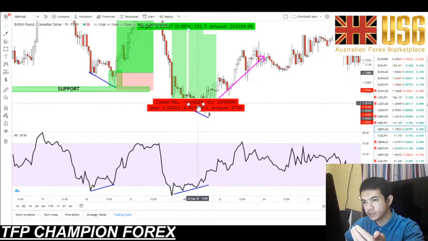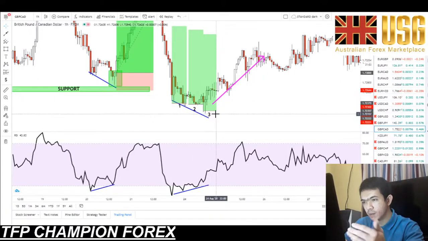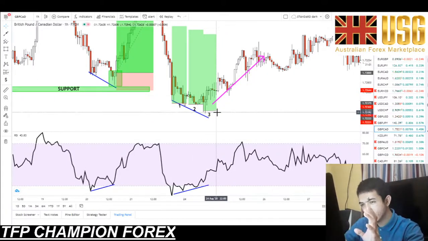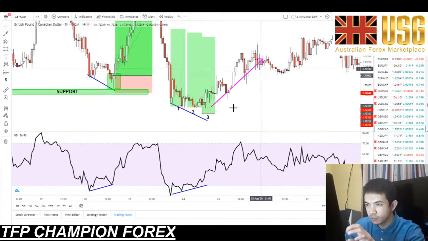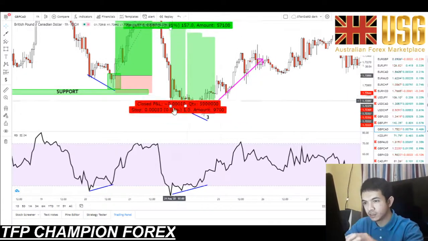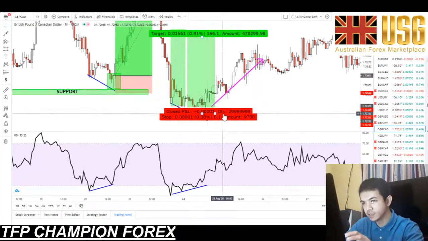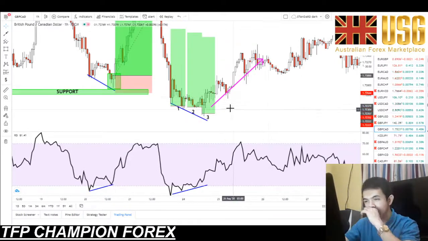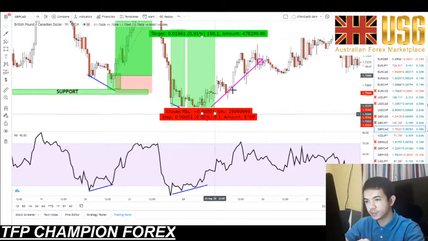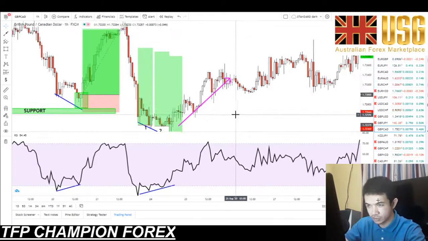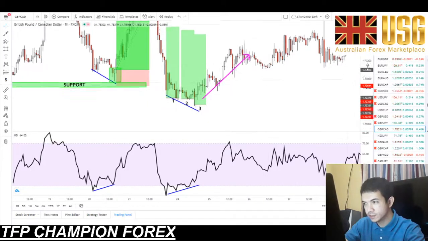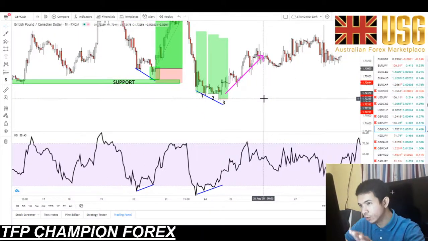So while I add positions, I also bump up my lot size, because once I catch this big move, definitely the drawdown from the first cycle and second cycle will be covered up with my wins on the third position, because I have a higher lot size position at the last or third cycle of this reversal, right?